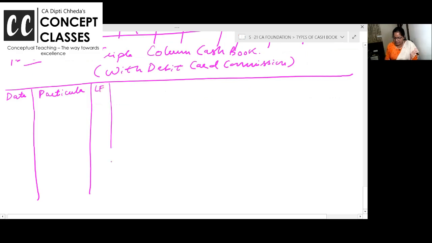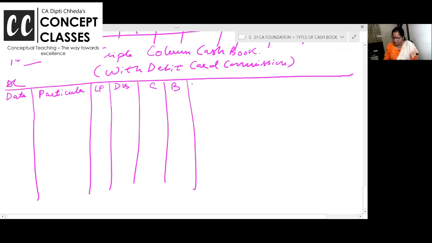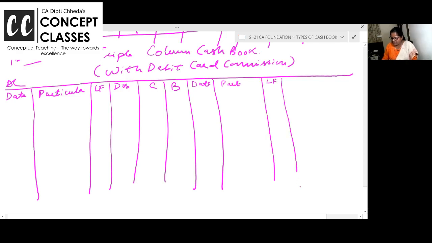Date, particulars, ledger folio, discount, cash, and bank. This is the debit side. Now, date, particulars, ledger folio, discount, cash, and bank.